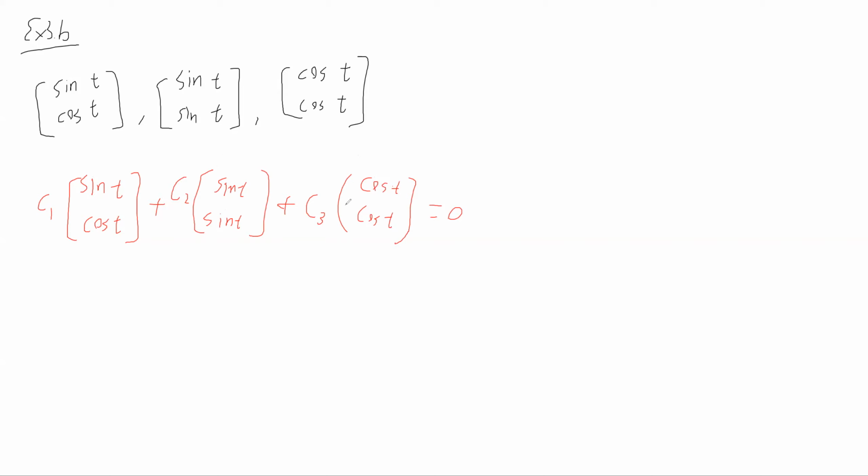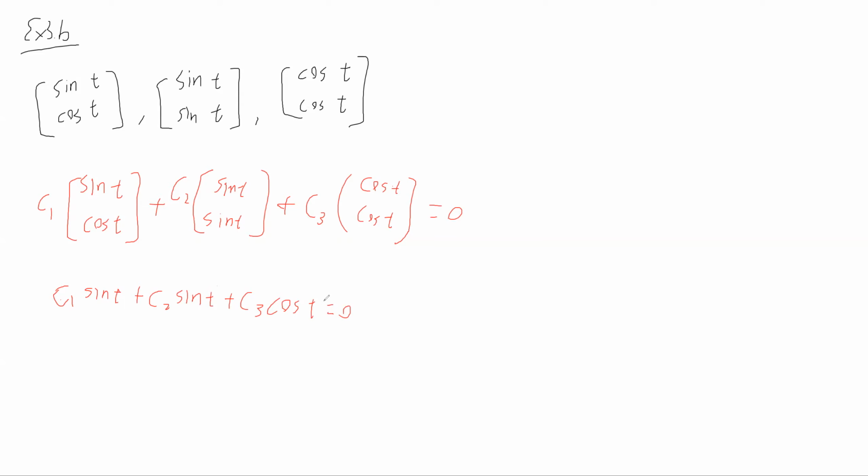Now, let's just look at the first row: C1 sine t plus C2 sine t plus C3 cosine t is equal to 0.